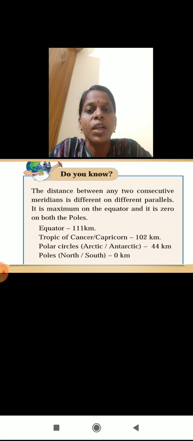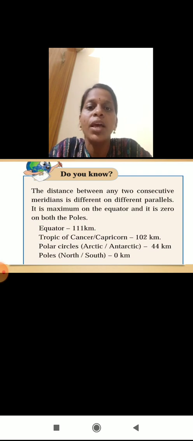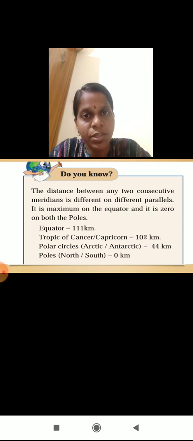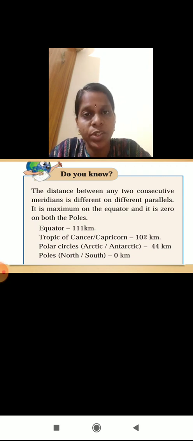So let us learn in detail about the kilometers, how much difference there is. The distance between any two consecutive meridians is different on different parallels. It is maximum on the equator and it is 0 at both the poles.